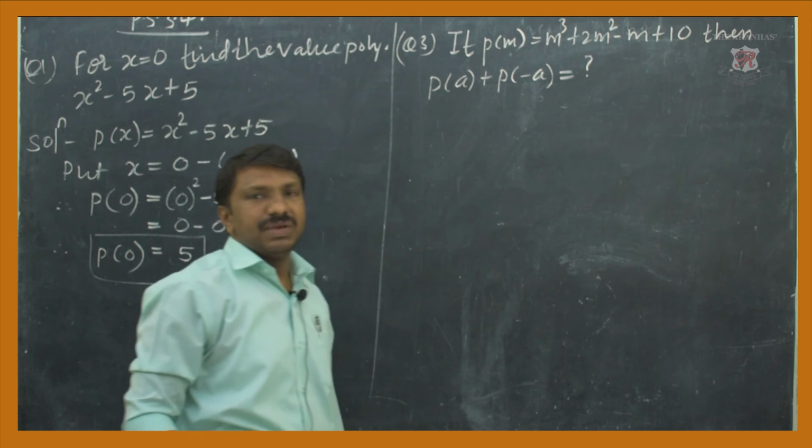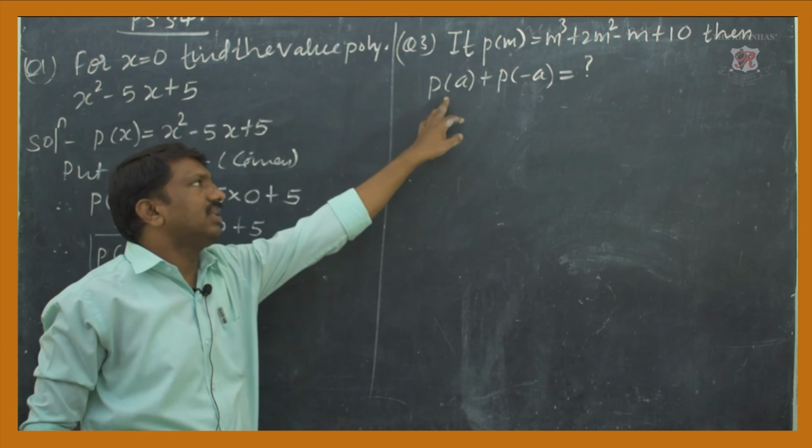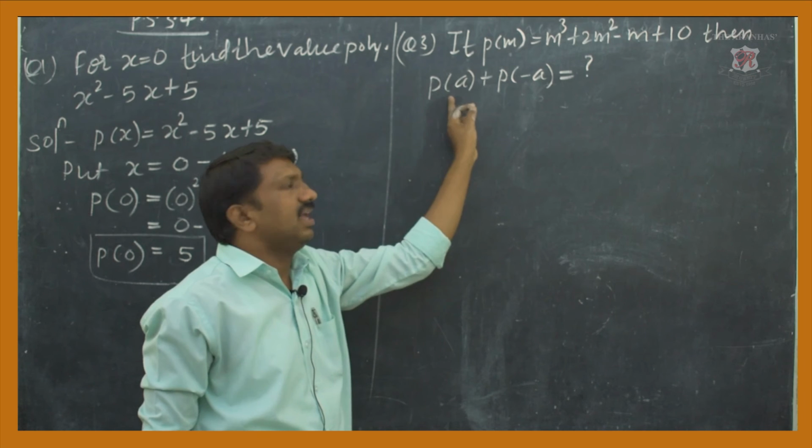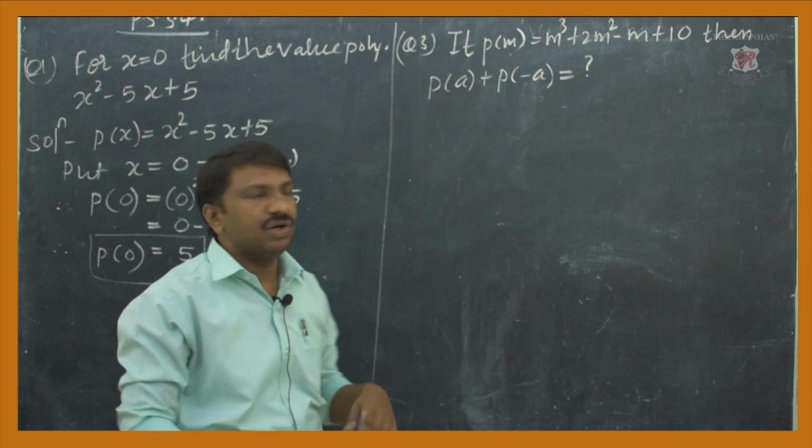Simple thing, you have to substitute: first find the value with m's value as a, and then m's value as minus a.